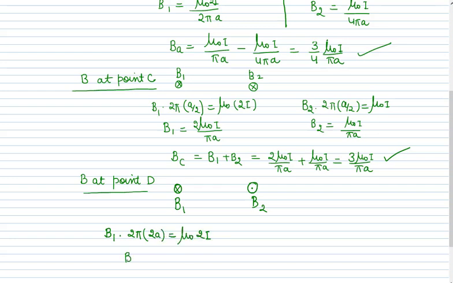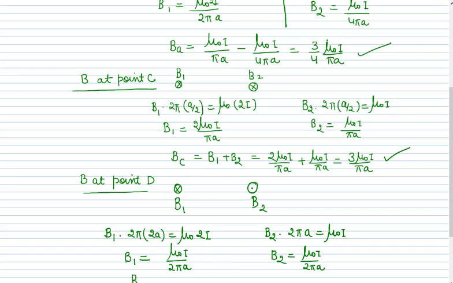Or you can write B1 is equal to, because 2 cancels out, mu naught I upon 2 pi A. And for B2, if you calculate, B dot dl is 2 pi, and here the distance is A, is equal to mu naught I, or you can write B2 is equal to mu naught I upon 2 pi A. So these two are the same.